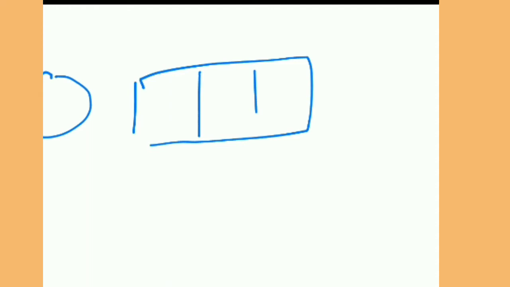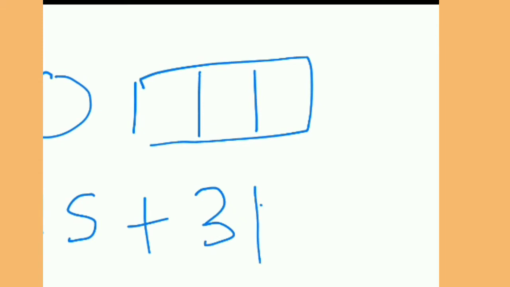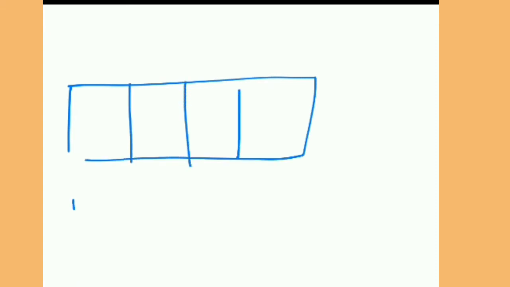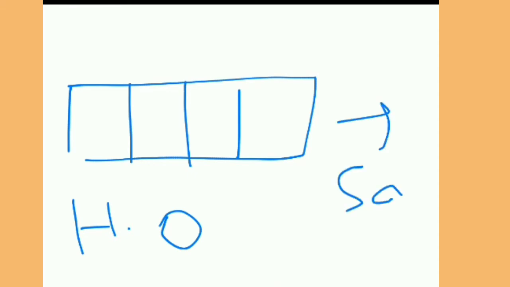For example, if we mix one s atomic orbital with three p atomic orbitals, both having different energy levels, they will hybridize to form four hybrid orbitals which are of the same energy level.